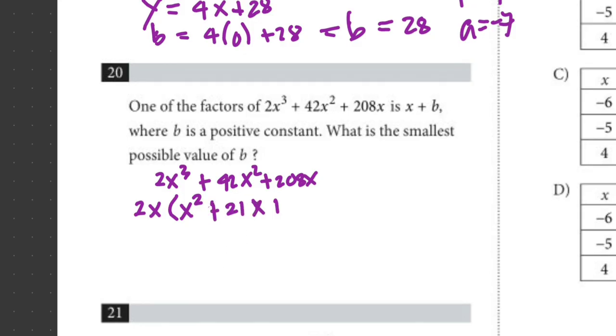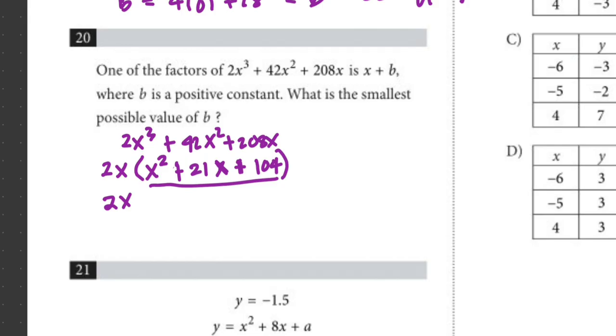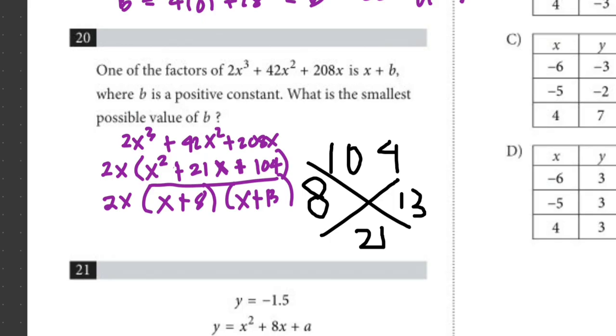Plus 21x plus 104. And now you can factor this. Can you factor this one? 2x times x plus 8 times x plus 13. What is the smallest possible value of b? So here, the factors are 2x, x plus 8, x plus 13.